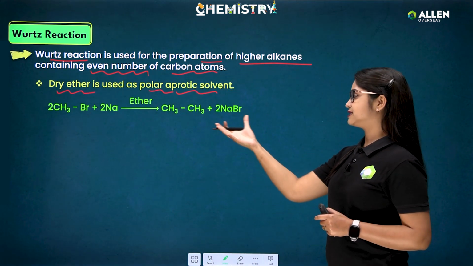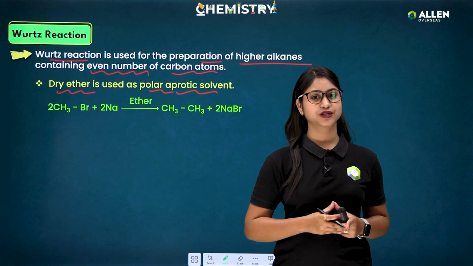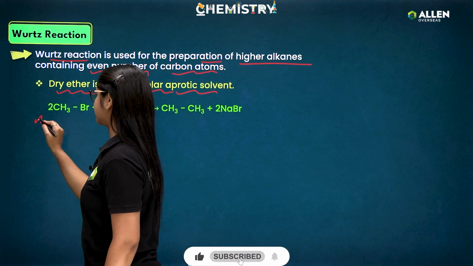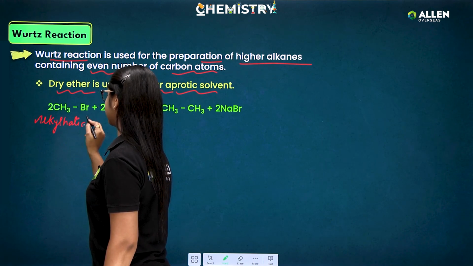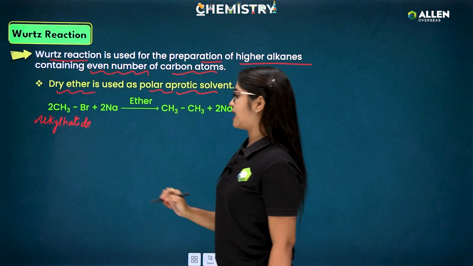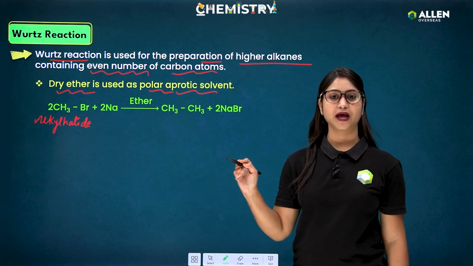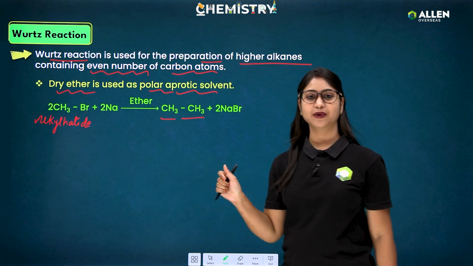Okay, so you can see this reaction here. You have methyl bromide. So basically in Wurtz reaction we take the alkyl halides. We are going to take an alkyl halide, and that will be reacted with sodium metal in presence of dry ether, and then you can see that it is kind of a coupling reaction.